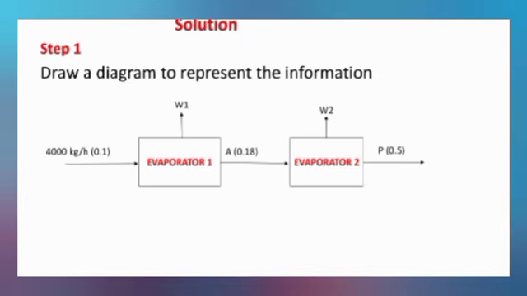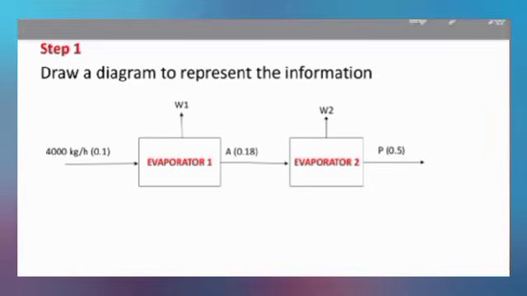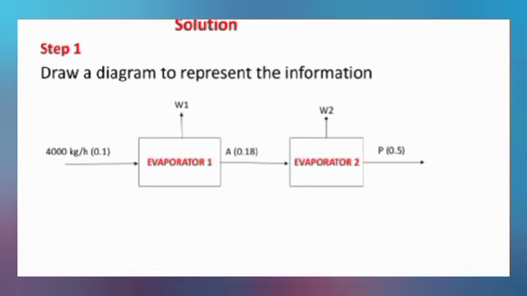So this is our raw material, or let's say our feed, and this feed is entering evaporator 1, and then water is going to be removed from it to form solution product A. Product A will serve as the raw material for evaporator 2, and evaporator 2 will remove water from it and give us our final product.